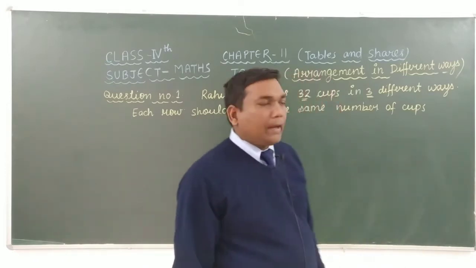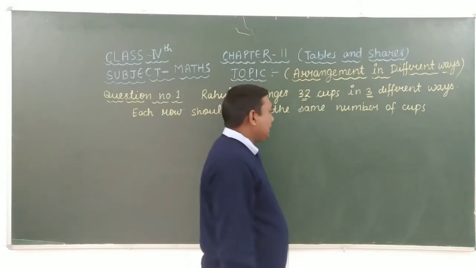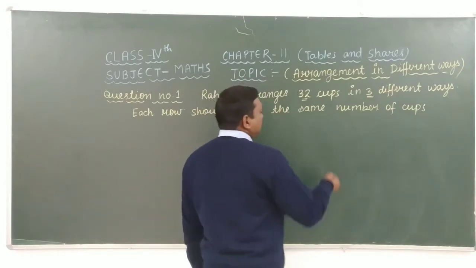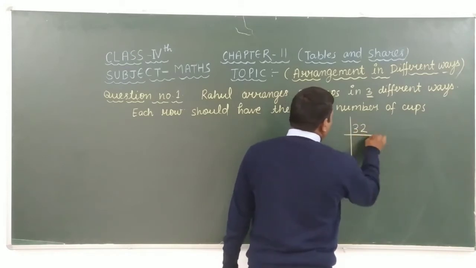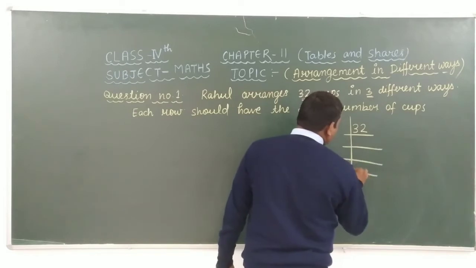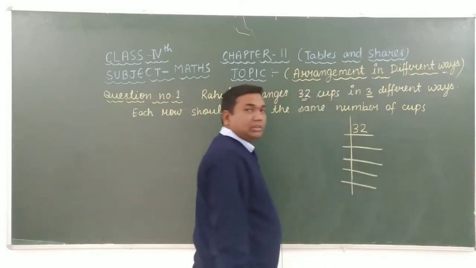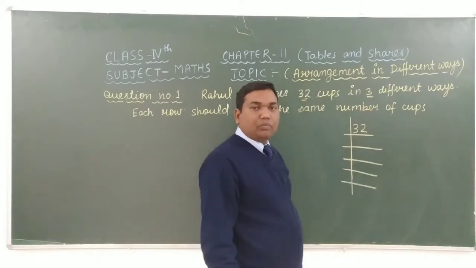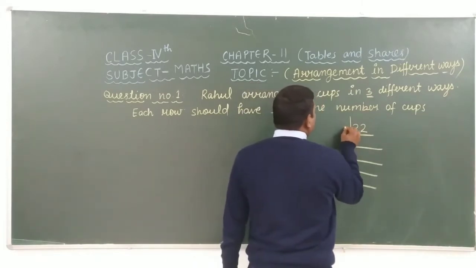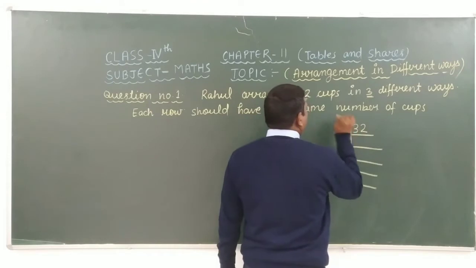Look carefully. Firstly, we have to take a table for the factorization of 32. We know that 32 is divisible by 2, therefore here we have to take 2.